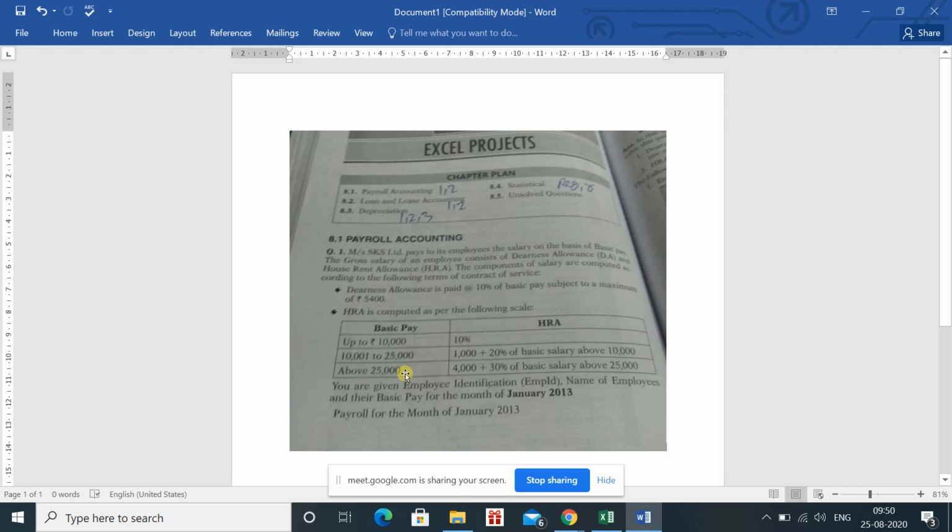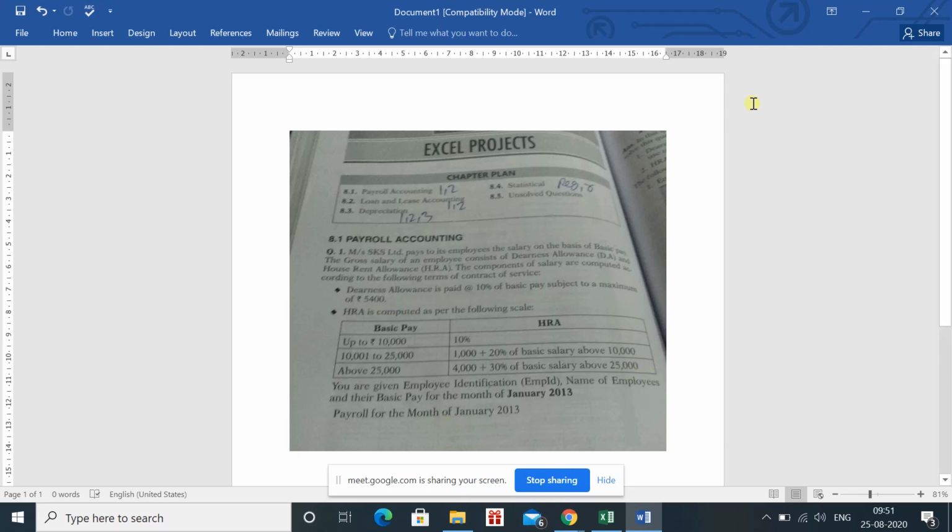Then only you can show it. Plus for DA you are required to take 10%, and if you want to show that DA should not be more than 10% of basic and a maximum of 5400, then you have to do accordingly.